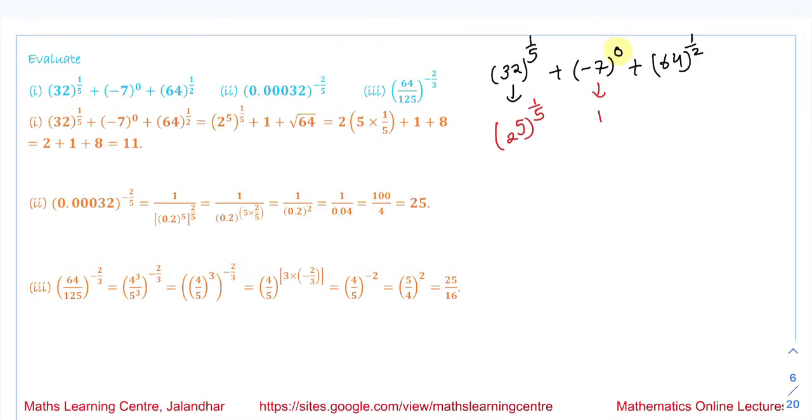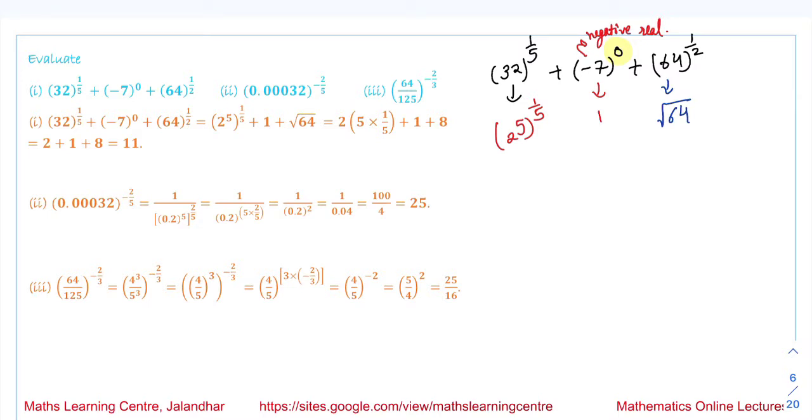Basically we have done it for all the positive real numbers, but this result is also true for negative real numbers. And for the third one, we have 64 raised to the power 1 by 2, which means the square root of 64.